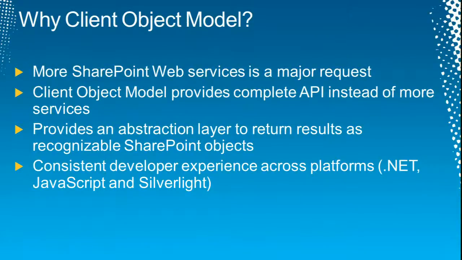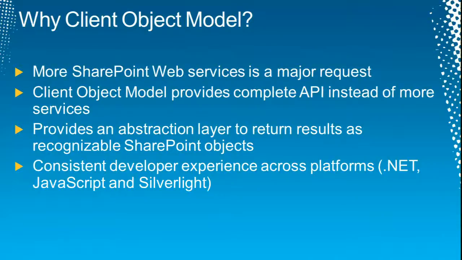So you get a complete API instead of more services, and that API can be expanded. It gives you an abstraction layer to return results as recognizable SharePoint objects. So if you know the server object model, it's not much of a jump to move into this client object model.